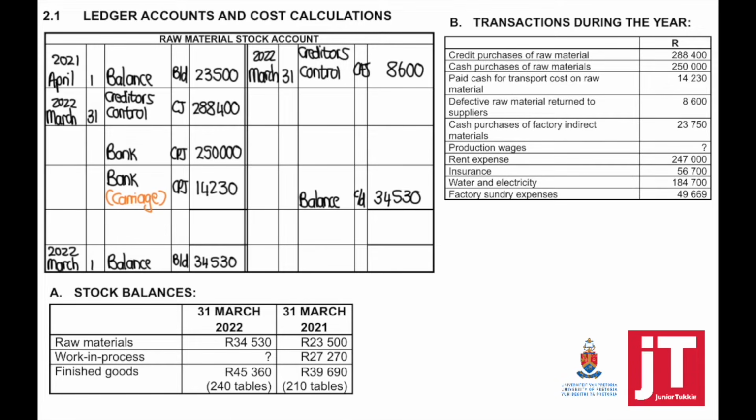Once we've now taken all the transactions to the raw materials stock account, we can calculate the raw materials issued, which will be the balancing figure. So if this is the balancing figure, it means that we need to add the debit side minus everything on the credit side, which means that the raw materials issued is 533,000.